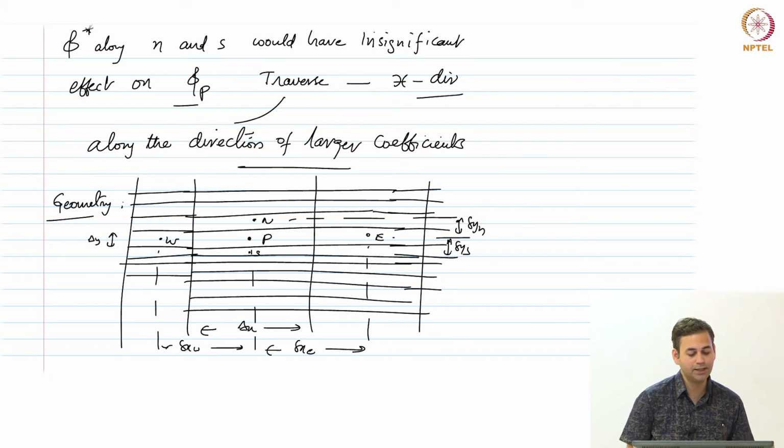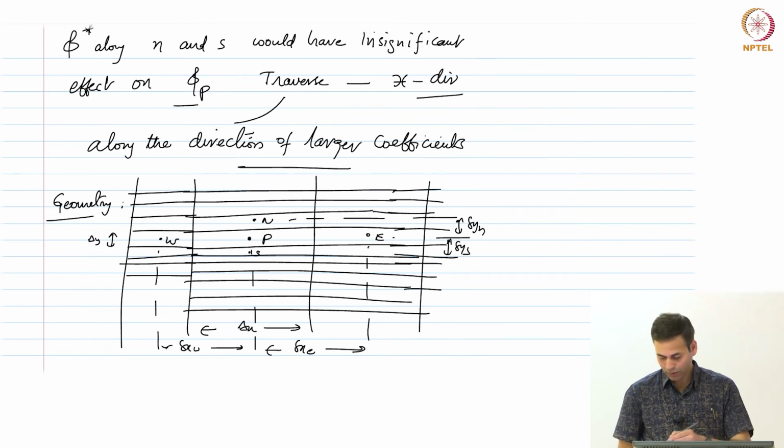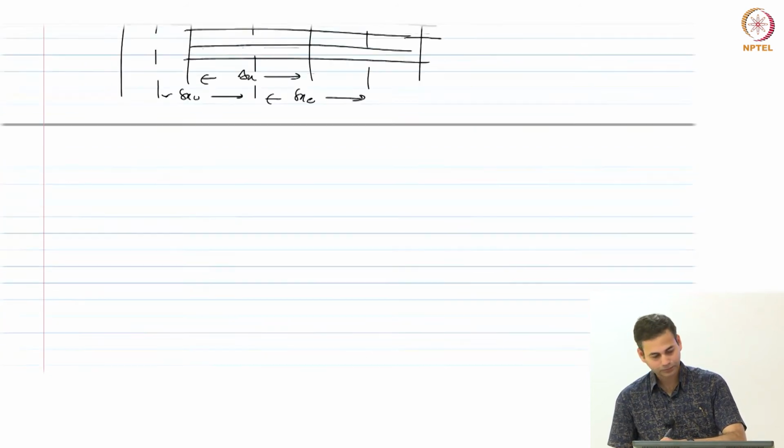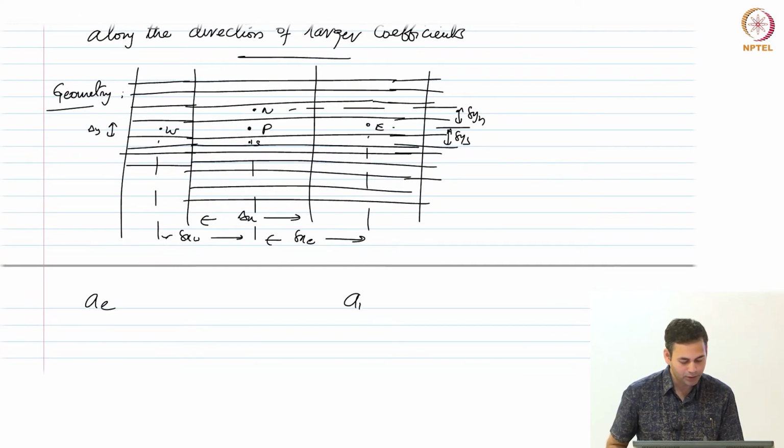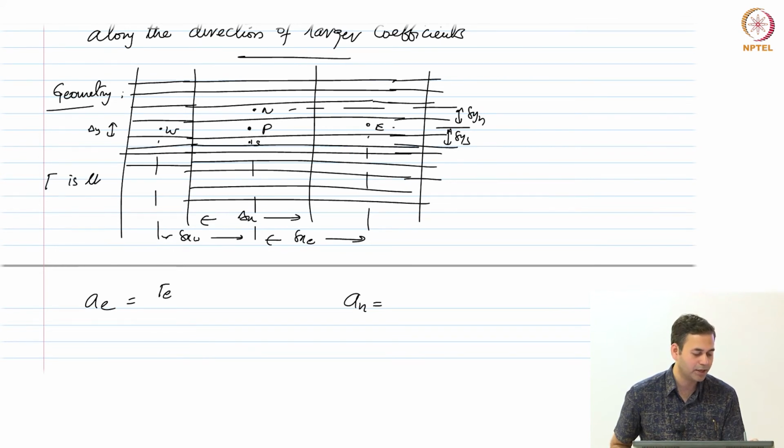You can see that delta x is somewhat greater than delta y, 3-4 times, and delta xe, delta xw are also 3-4 times greater than delta y north and delta y south. So then how do the coefficients look? If I look at A east and A north, one for each direction, A east would be what? Gamma east. Let us say the gamma is the same everywhere.